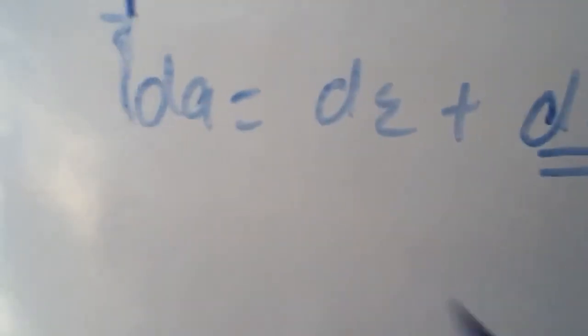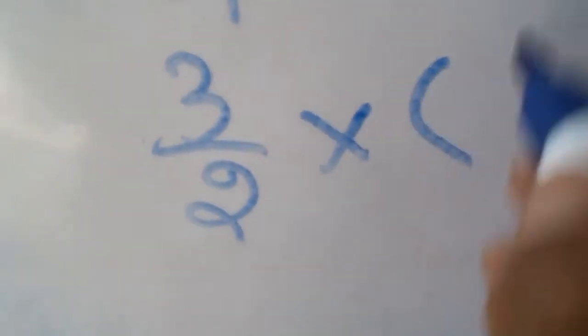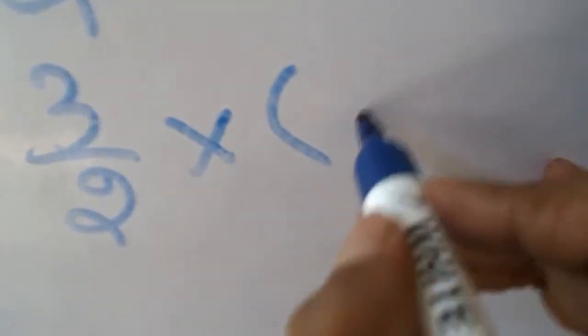So you know what the change in energy is? Change in energy will be 3 by 2 nR(T2 minus T1). So 3 by 2 into R. If you look here very carefully, I can write P2V2 minus P1V1.